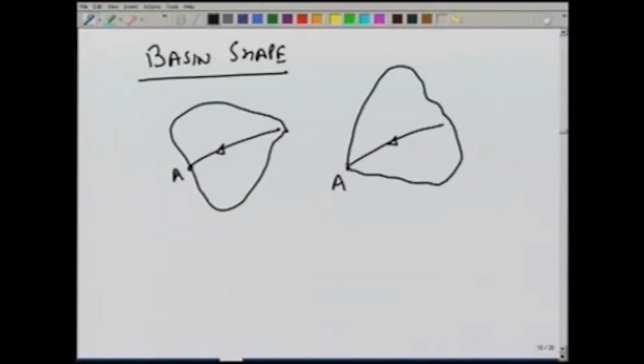So, in one of them the catchment is wider near the outlet and narrower as we go away, and in one the catchment is narrow near the outlet and it is wider as we move away.